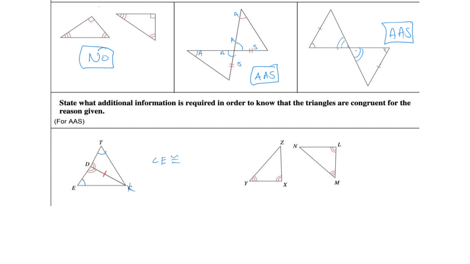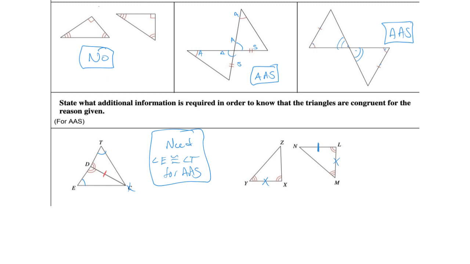But we can add that angle E is congruent to angle T, right? That would make that line DC not included. So we need angle E is congruent to angle T for angle angle side. All right. Just remember, you can't add that ECD or TCD.